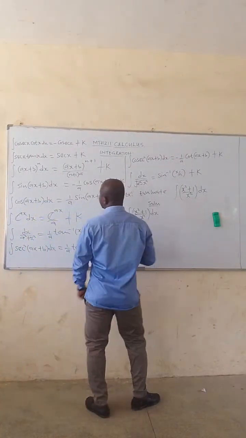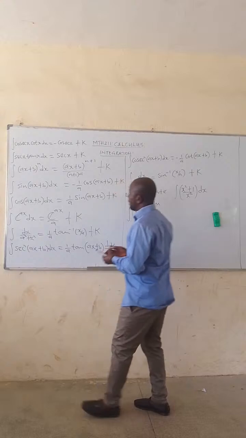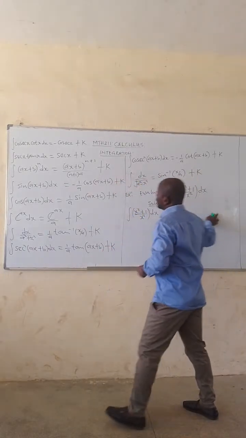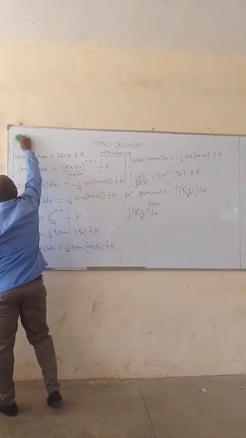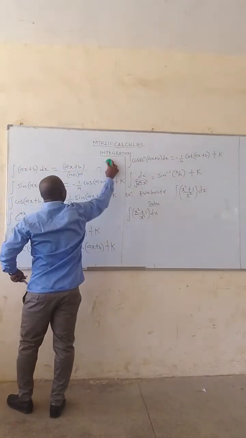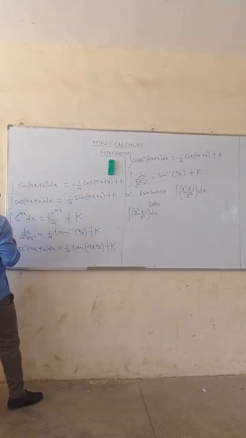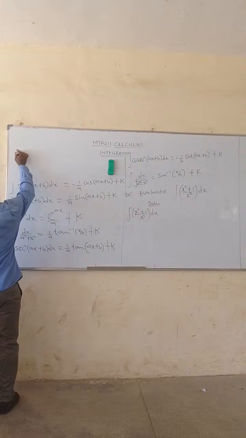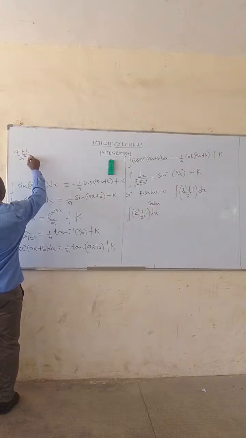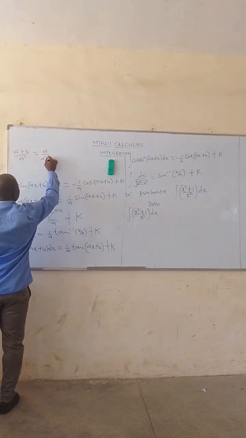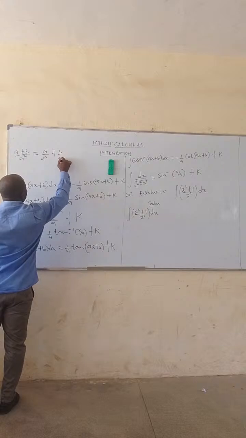If we have a plus b all over a squared, you know that we can still rewrite it in this form: a squared plus b all over a squared.